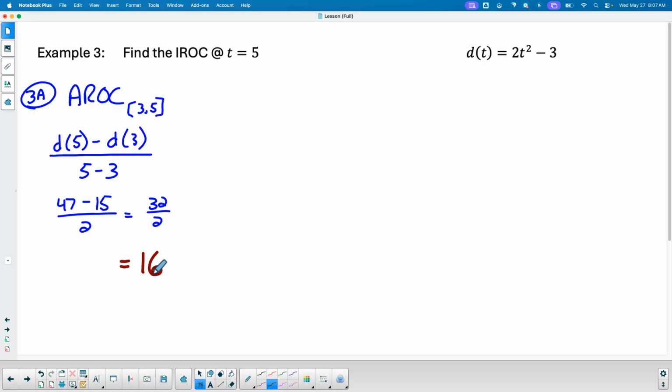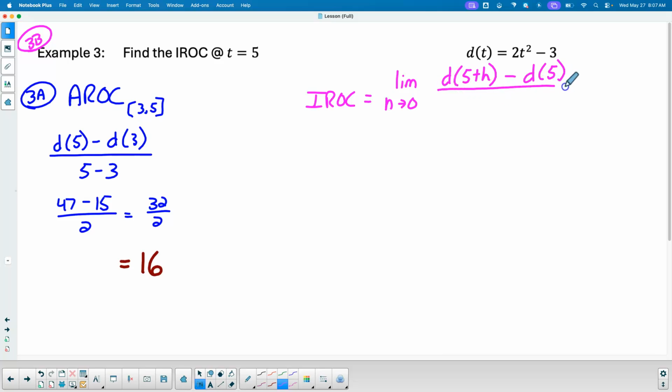Now, let's find the IROC at t equals 5. Okay. All right. So here we go. So my IROC is going to be the limit as h approaches 0 of d of 5 plus h minus d of 5 all over h.